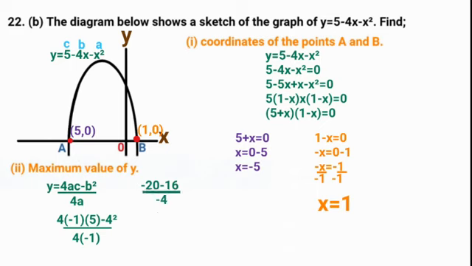Then negative 20 minus 16 will give us negative 36, which will be divided by negative 4. Negative 36 divided by negative 4 will give us positive 9. So the maximum value of y in that graph is 9.